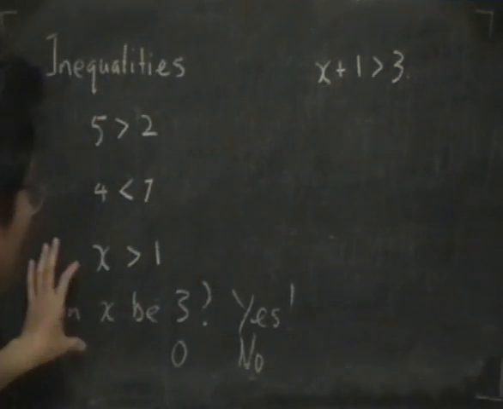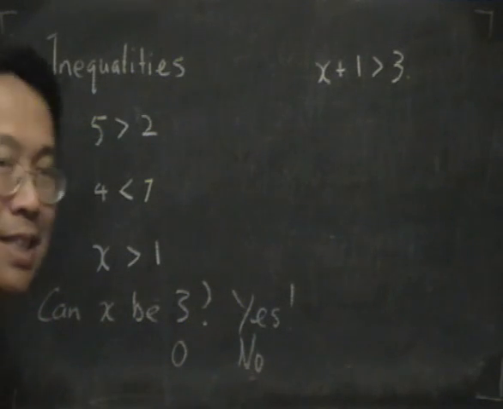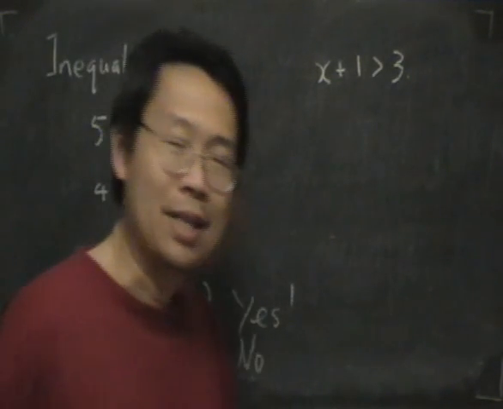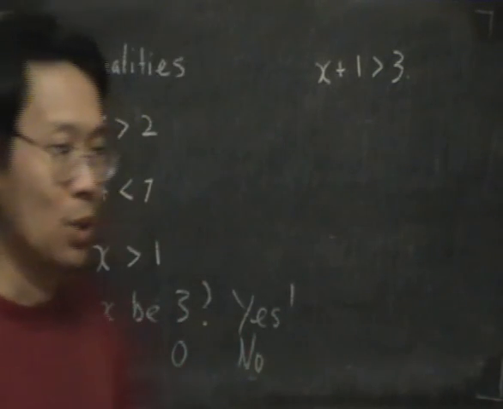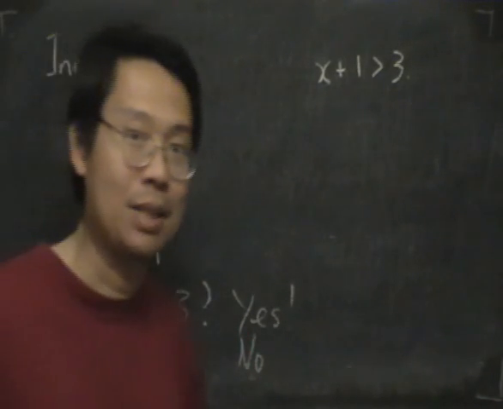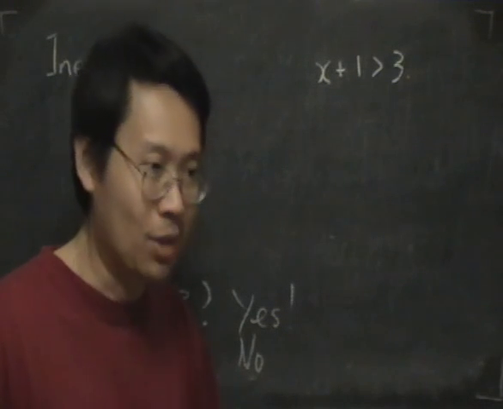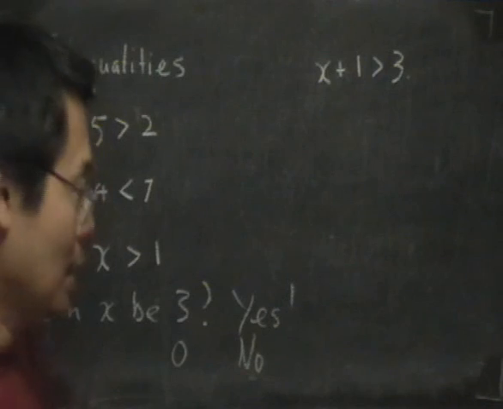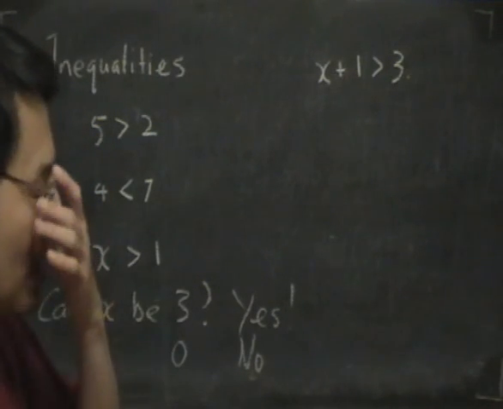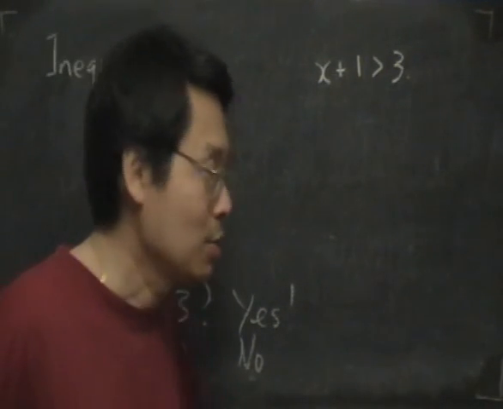We can go through this and start guessing some numbers, and after some trial and error, we could have a better understanding of what the possible values x can really have. Now that's one way to do it.